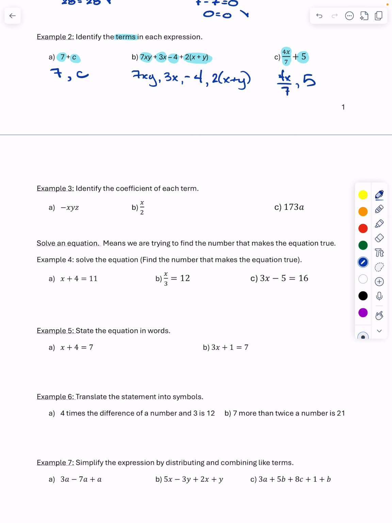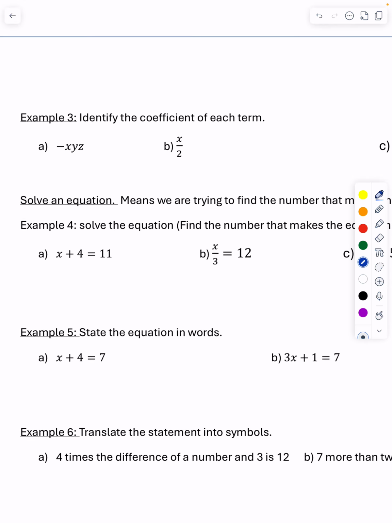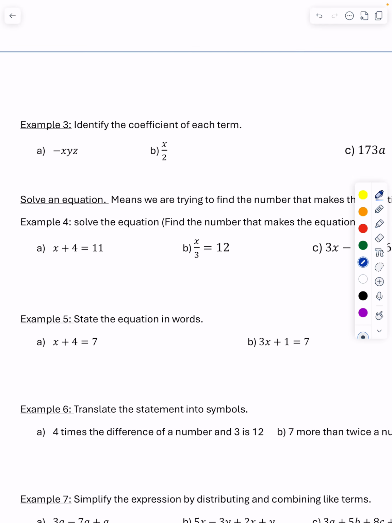Example 3, identify the coefficient of each term. Now the coefficient is the number part that counts the variable. And so I've included a couple of specific ones here. A, negative xyz. Just like we don't write a 1 in front every time we have a variable. So if you take a look at example 4, this x here, that's 1x. We know by looking at it, I've got an x, I've got 1x. When we have a negative out front, this means negative 1.